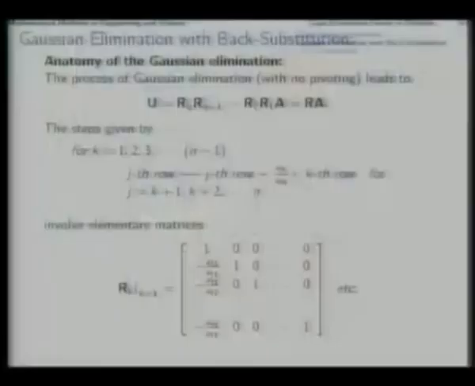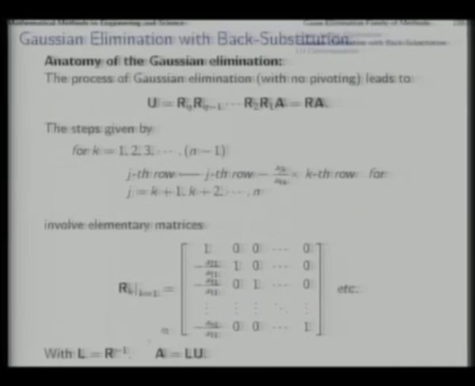Now, if this matrix R is lower triangular and its inverse is also lower triangular, then calling that inverse as L, you can see that LU will become LRA, and L is R inverse, that means LU is A. This is the basic idea behind the algorithm called LU decomposition.